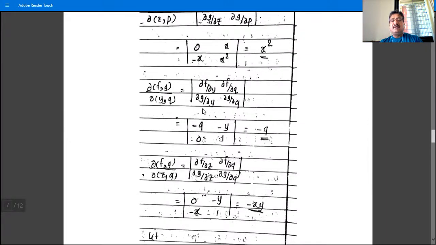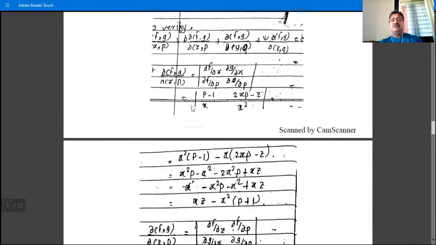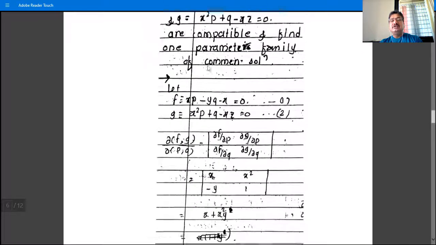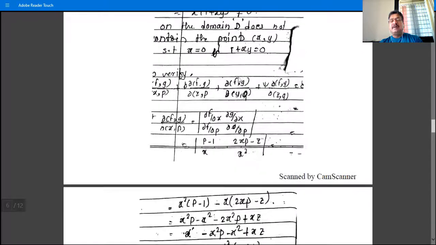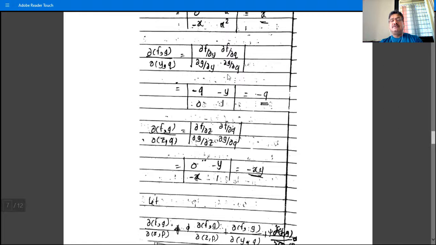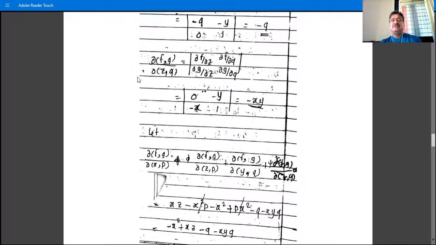Similarly, ∂g/∂y is 0 because there is no y in g, and ∂g/∂q is 1. So its simplification is this into this minus q minus 0. That is, minus q is the answer.